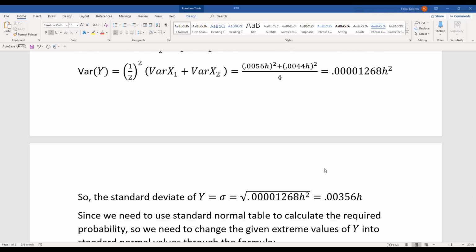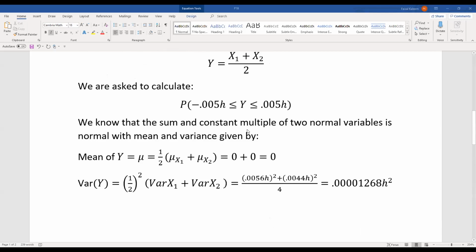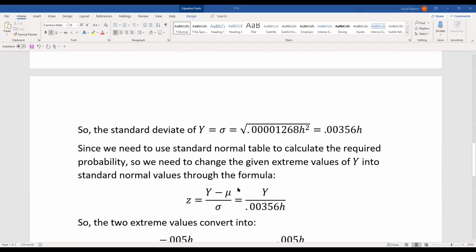So in the exam, you will be given a standard normal table. So you have to convert these two values into standard values so that we can use the standard normal table. And we know our basic formula: Z is y minus the mean over the standard deviation.